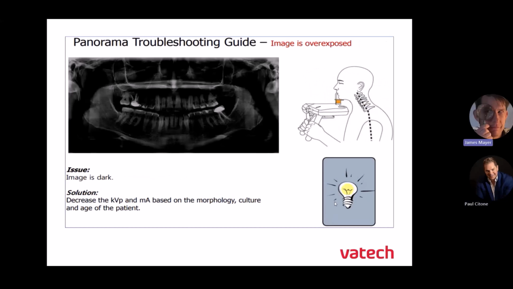The Vatech software, as we just reviewed, auto sets the kV and the mA and the time based on the age of the patient and the morphology. Sometimes if we forget to set that, or if we forget to add patient information or change man, woman, and child, this could cause underexposure or overexposure. So always make sure that we have it on the proper patient's body type and bone density, and we should not have this issue here.